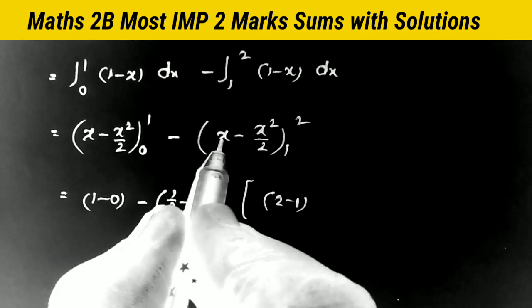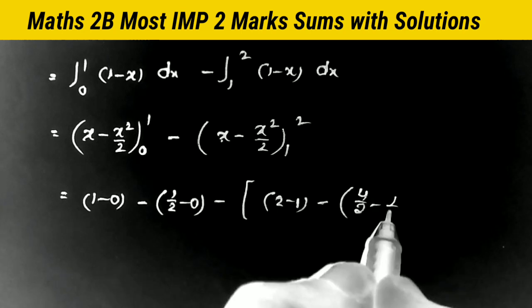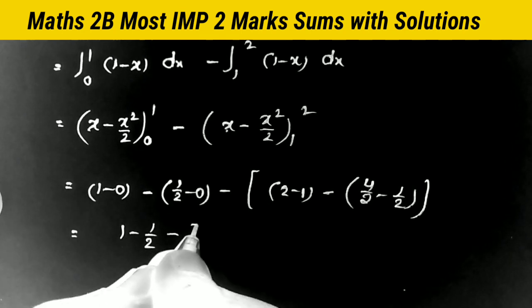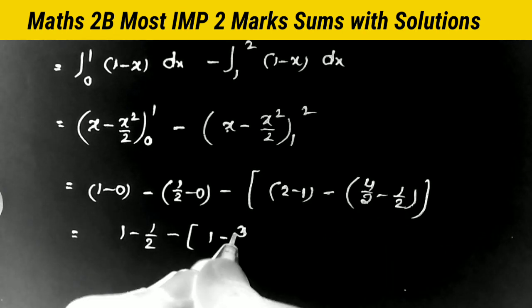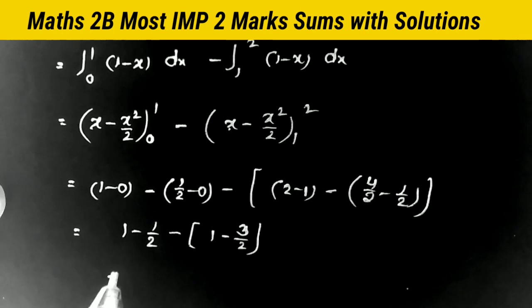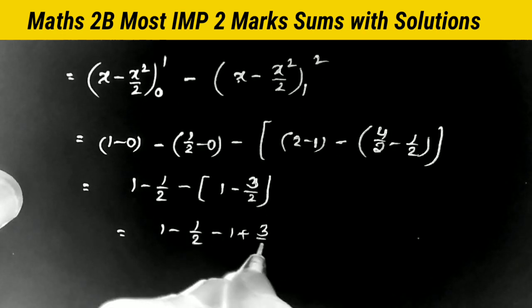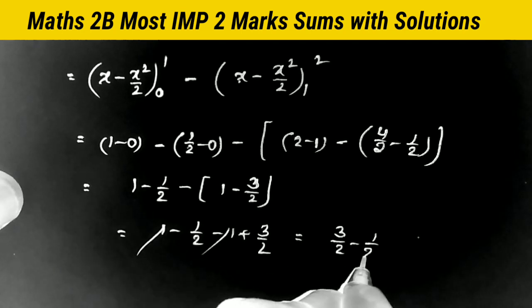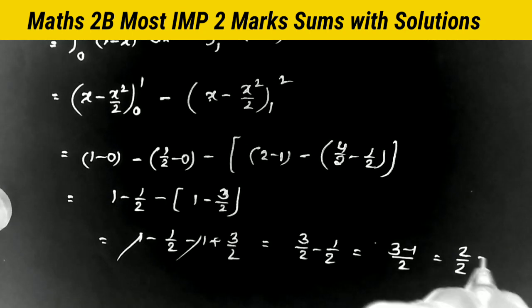Replacing limits in this function. 2 square, 4 by 2, minus 1 by 2. So this is 1 minus 1 by 2 minus of 1 minus 4 minus 1, 3 by 2. So this is equal to 1 minus 1 by 2 minus 1 plus 3 by 2. So these two terms are cancelled. 3 by 2 minus 1 by 2. 3 minus 1 by 2. 2 by 2 is equal to 1.